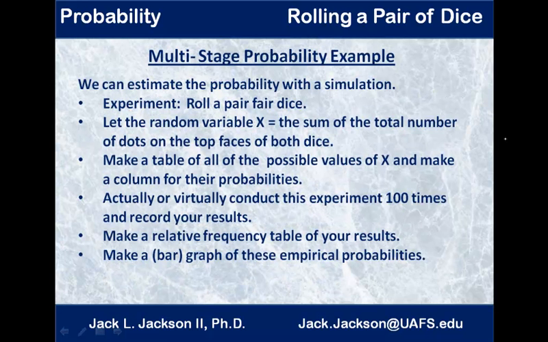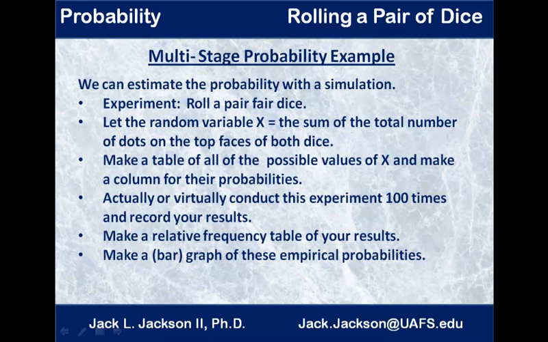Well, one thing we might do, just to see which one's reasonable, is to do an empirical probability. If you remember, we're just going to do an experiment, a simulation where we repeat this experiment over and over again a bunch of times and see what we get.